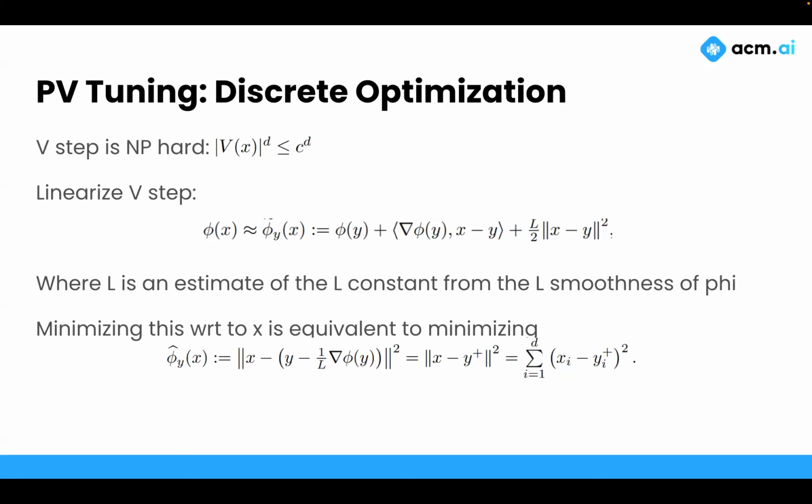And then we can minimize this with respect to X, and we can show that this is equivalent to minimizing this, where Y plus is given by this. So this simply can be done through a greedy search of each individual parameter by itself. So we break the dependency of one parameter on the other.